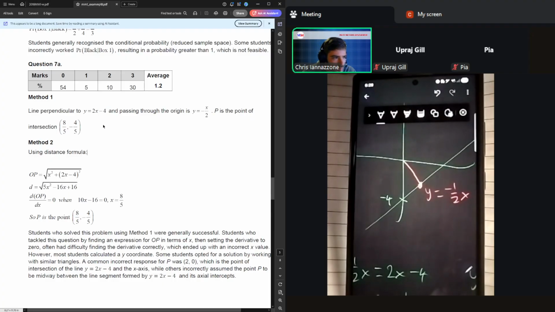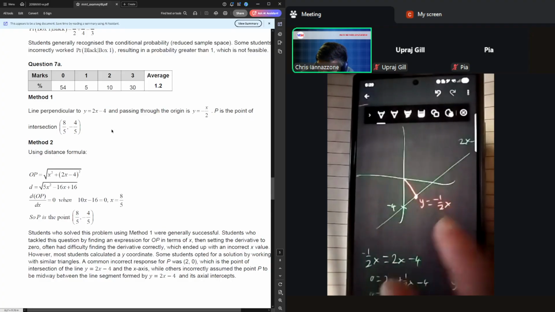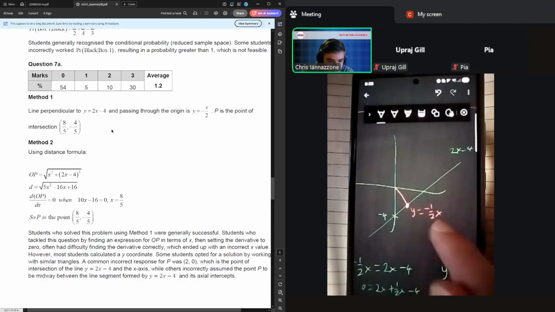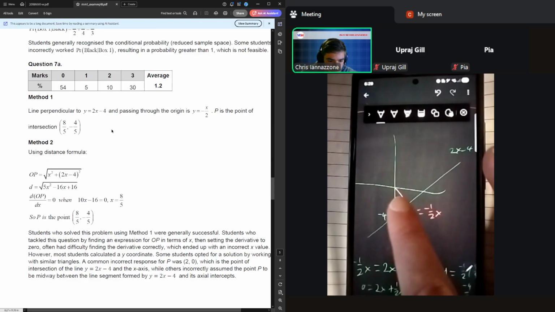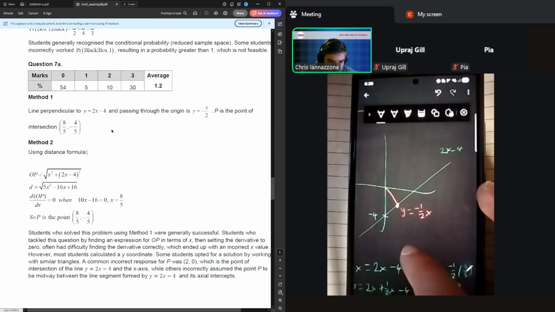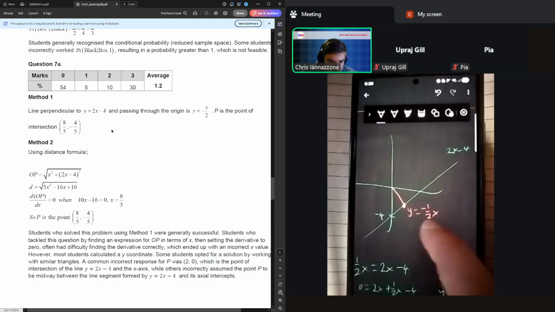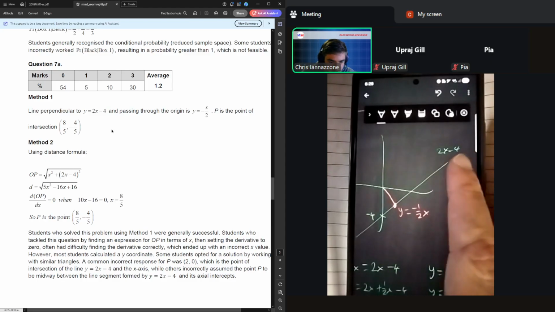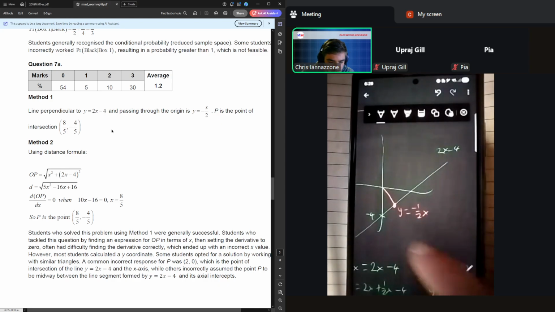Because it goes to the origin, you have to think next to no thoughts to get the equation of that perpendicular line. You just got to think what the gradient is going to be, and it's going to be -1 over the gradient of the linear that you have.